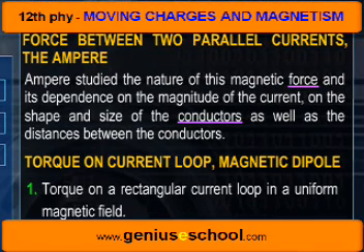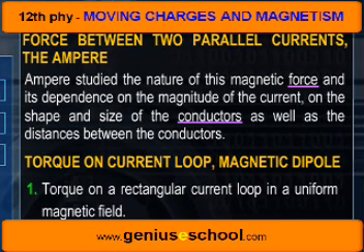Force between two parallel currents. The ampere. Ampere studied the nature of this magnetic force and its dependence on the magnitude of the current, on the shape and size of the conductors, as well as the distances between the conductors.